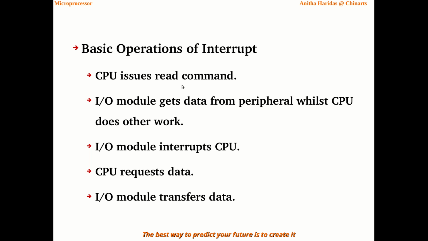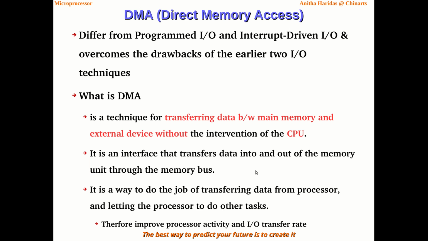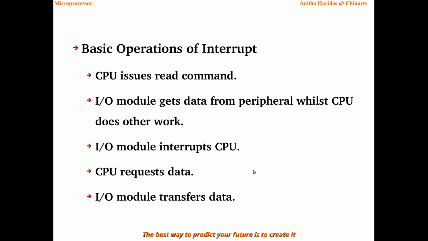The CPU issues a read command. The input-output module gets the data from the peripheral while the CPU will be doing some other work. The input-output module interrupts the CPU when the data is ready, and the CPU requests the data now, and the input-output module will transfer the data. So this is what happens in the case of interrupt-driven input-output.